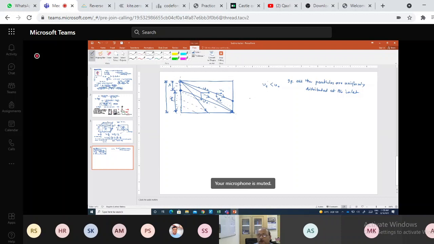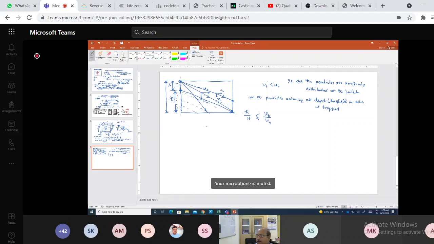So for all the particles entering at a height h or below, they are all trapped. So we can say that h over H is actually Vt over V0.